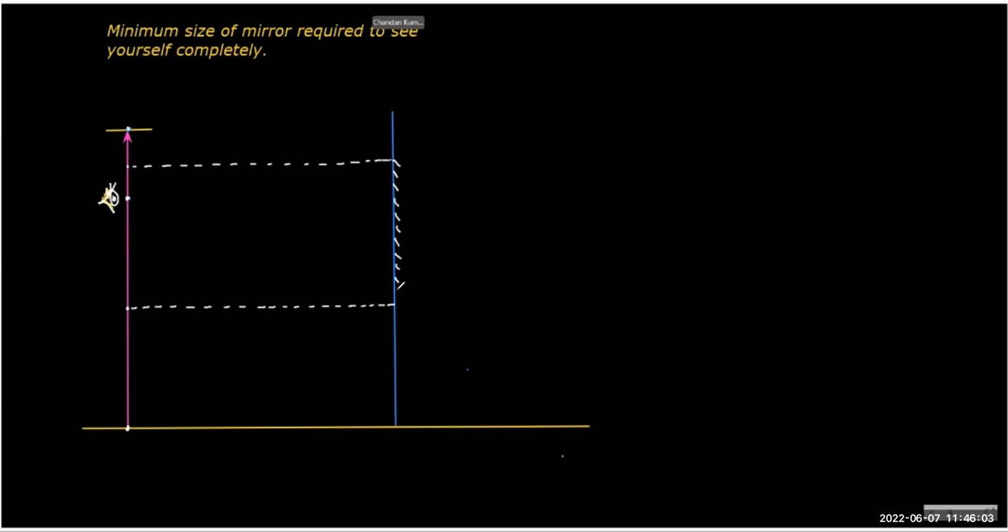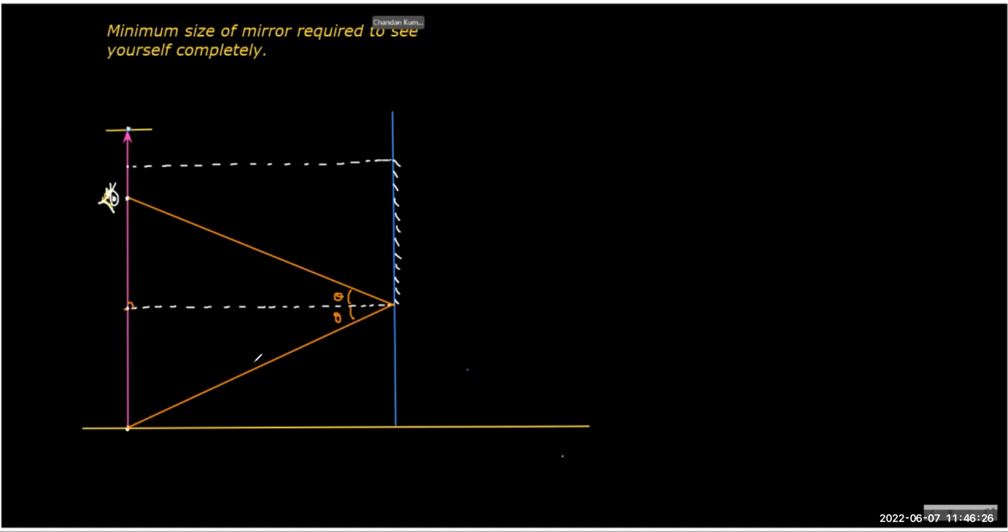So that the light can be reflected back to the eye level, which means the light ray traveling from the foot will hit this part and following the law of reflection, making the same angle, will reach here. Because of the similar triangle concept, this must be the midpoint.